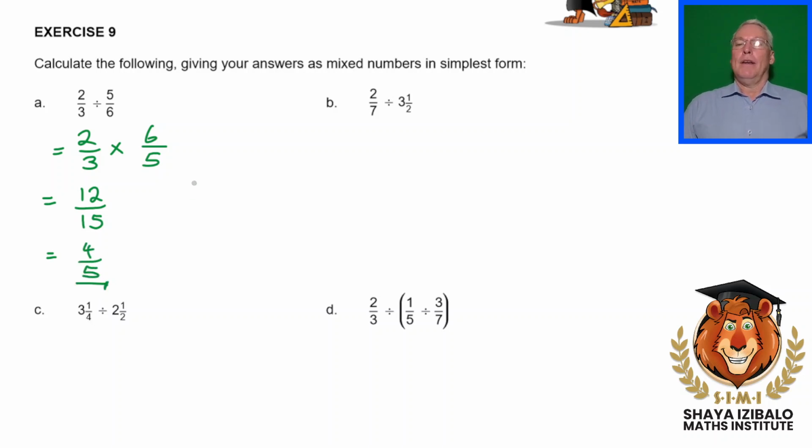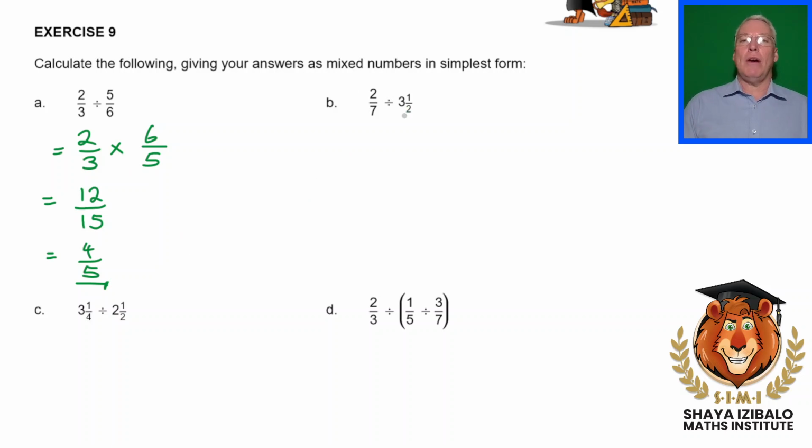Be aware that we could have simplified earlier: we could have divided the 3 and the 6 by 3, and we would have got 4/5. We can never divide top and bottom when the fractions are being divided, only when they're being multiplied. So we first have to change it into a multiplication sum.